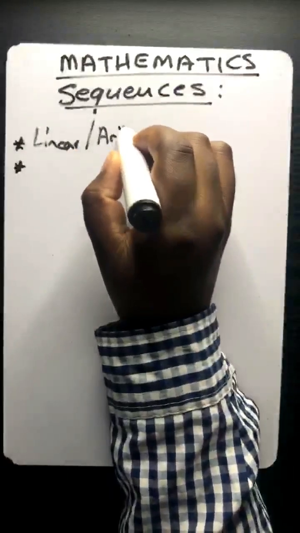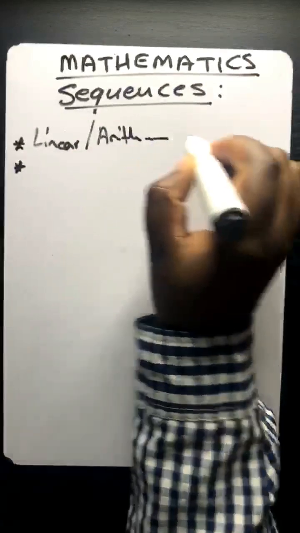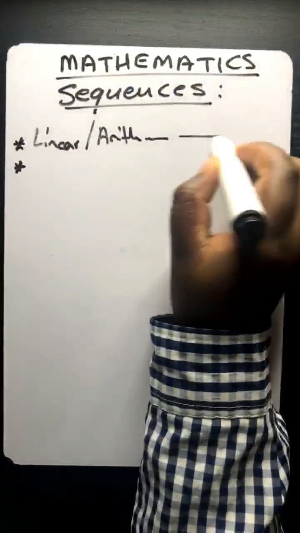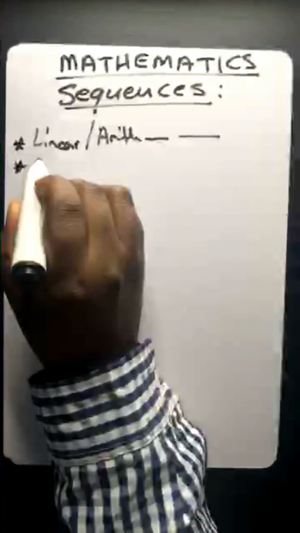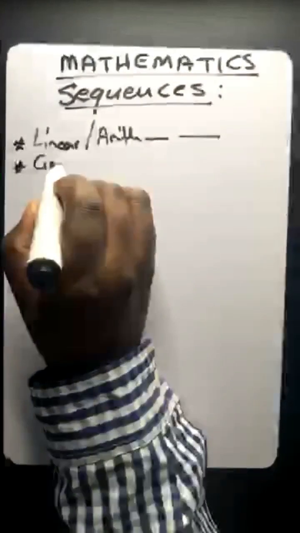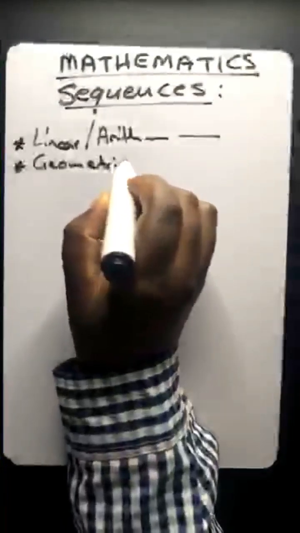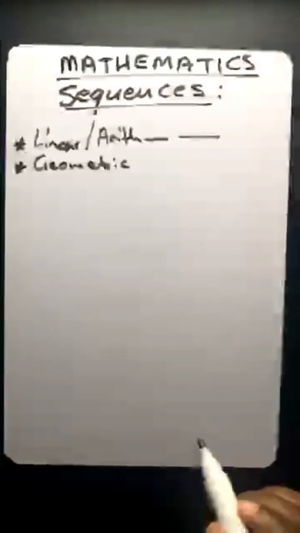The first one is called linear, otherwise they can also refer to that as an arithmetic number pattern or arithmetic sequence. The second one, let's talk about a geometric sequence.